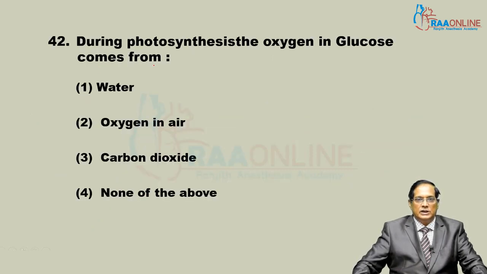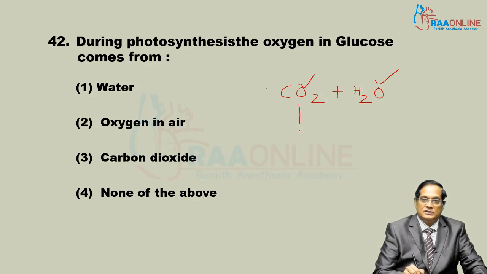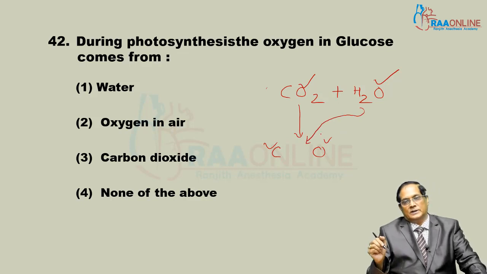42. During photosynthesis, where does the oxygen in glucose come from? Photosynthesis requires carbon dioxide plus water, and oxygen is contained in both carbon dioxide and water. But in photosynthesis, we have already studied that C and O are contributed by carbon dioxide, and only hydrogen is provided by the water.